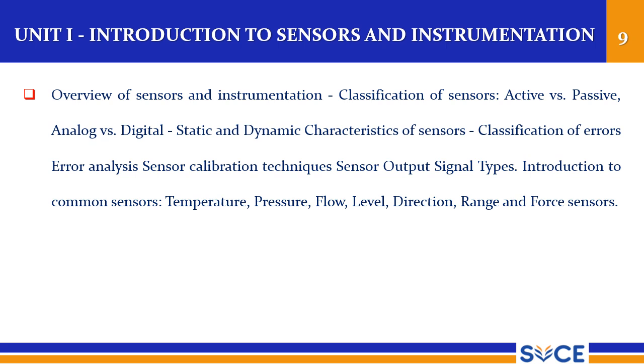So these are the basic type of sensors we are going to study under Unit 1. So there are 9 hours required to deal this unit. We can easily complete in 9 sessions here in hybrid mode.